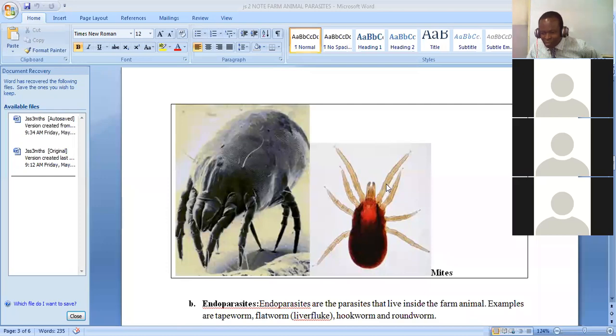Are those pointy things? Are they sharp? It's a good question. Yes, they will use it to hold tightly onto the skin of their host. Have you understood what I'm saying? You are very observant to have noted them.